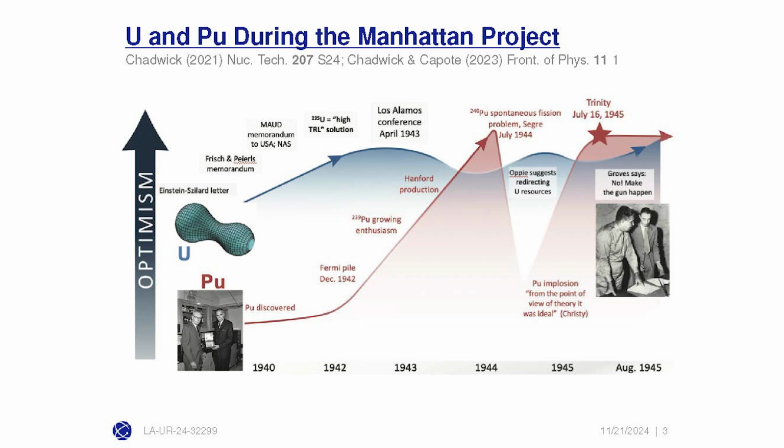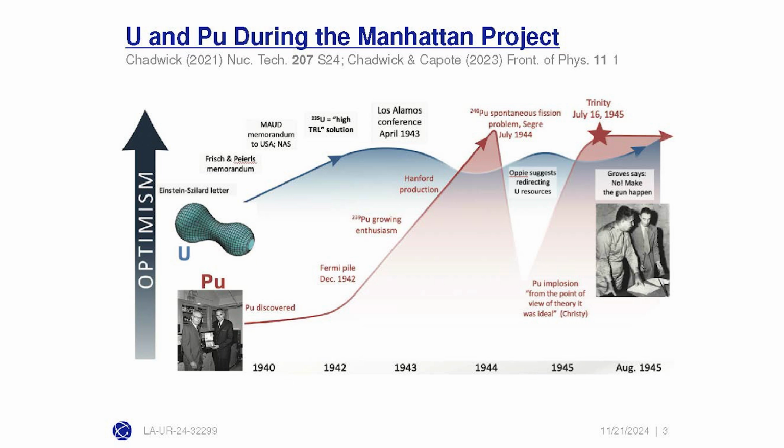What we have here on the y-axis is optimism: how people felt about these two elements, specifically U-235 and Pu-239, in terms of making a nuclear device. Initially plutonium was just discovered at the beginning of the Manhattan Project, so there wasn't much optimism, and a lot of initial research related to uranium. Then enthusiasm for plutonium grew until people realized, oh wait, Pu-240 is a problem.